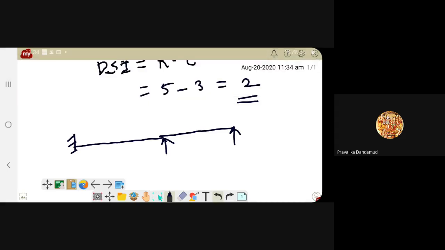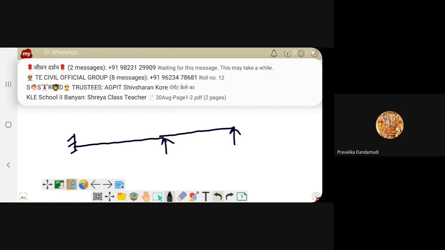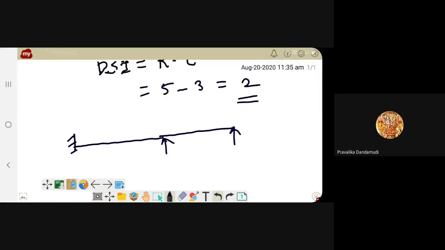How do I do this? An extra support you need to remove. When you remove the support, at that particular place you need to apply a unit force. Then only you can remove the support.